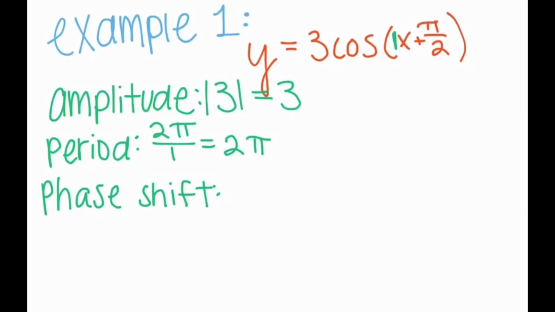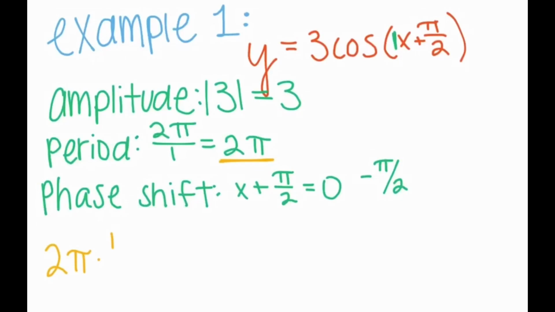And to find the phase shift, you take what's in the parentheses and set it equal to 0. So this phase shift is going to be negative pi over 2. In order to find the remaining intervals, you're going to take your period and multiply it by 1/4, and again by 1/2, and then by 3 over 4.